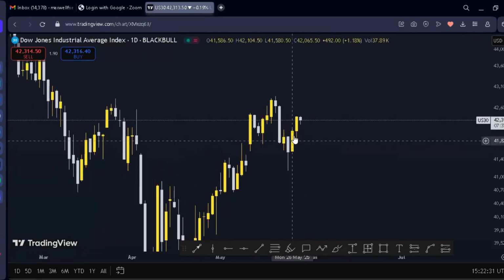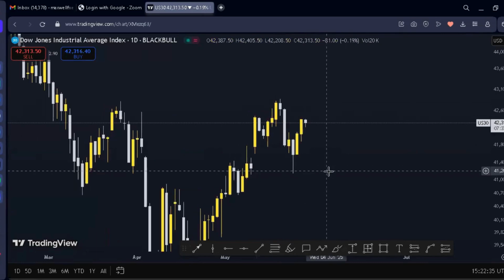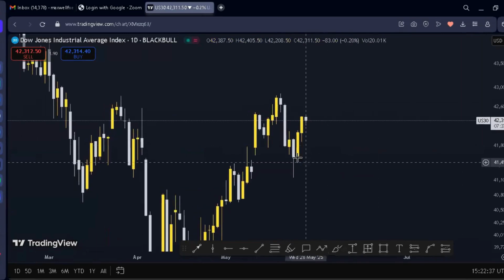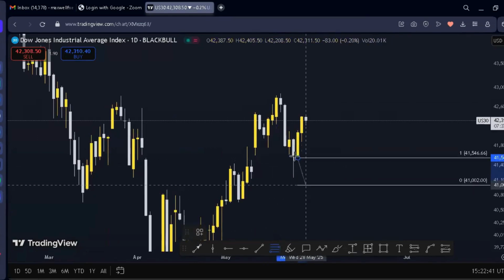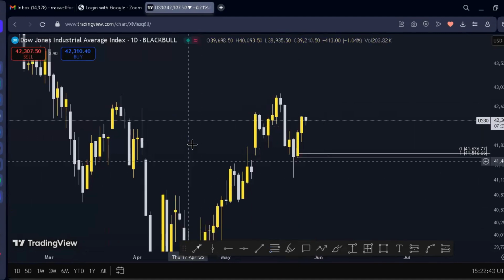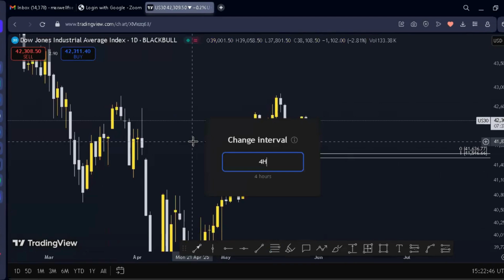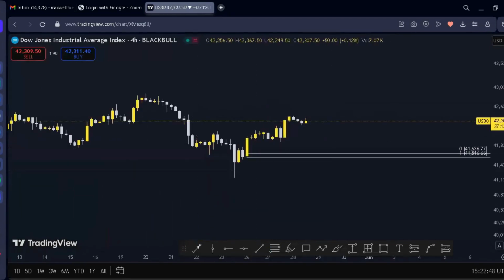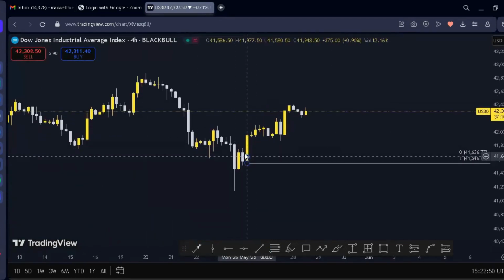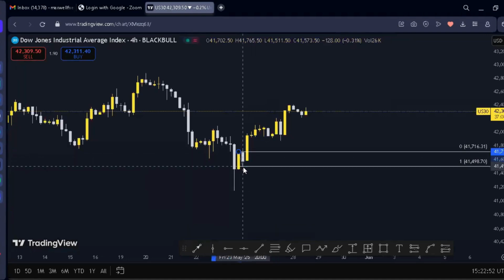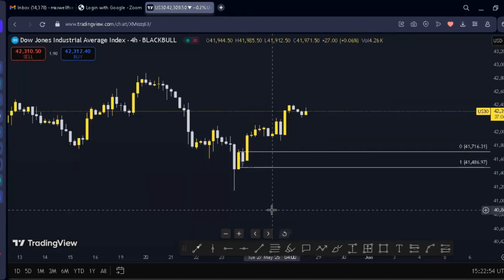So go 5 candles back, 1, 2, 3, 4, 5, and look for a bullish candlestick that has a significant body size. So it would be this one right here. So you mark that and then go to the lower time frames. You should have your zone. See, it becomes very clear.